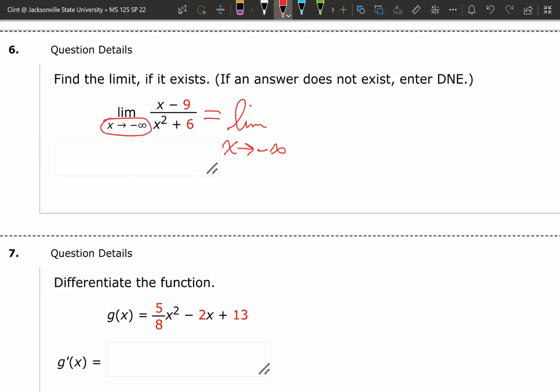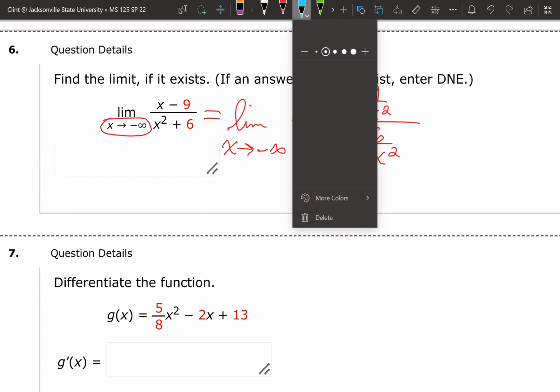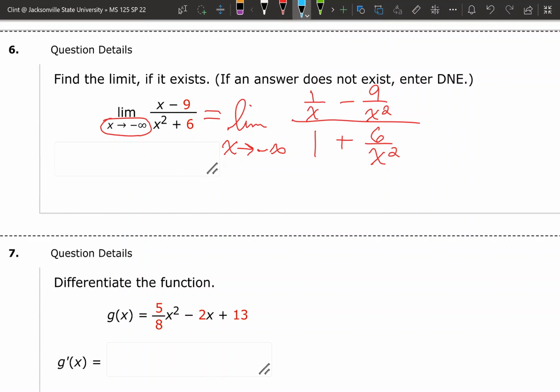The only thing that the infinity being negative affects is sometimes you have to be careful with the signs. But here we're dividing by x squared again, so we'll get 1 over x minus 9 over x squared. And on the bottom, we'll get 1 plus 6 over x squared. So what happens?